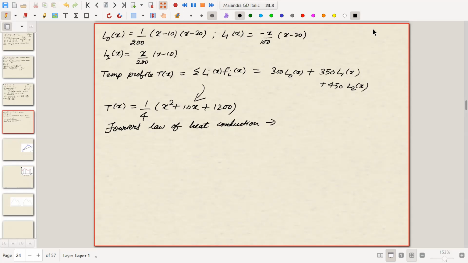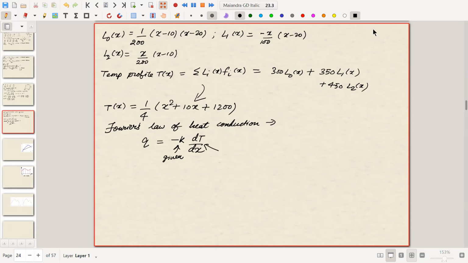What it says is the heat flow rate per unit area in a one-dimensional slab, which is in our case, is given by minus k dT by dx. k will be given to you. dT by dx you have to find, but you know already T of x. Now it is easier for you to find dT by dx.